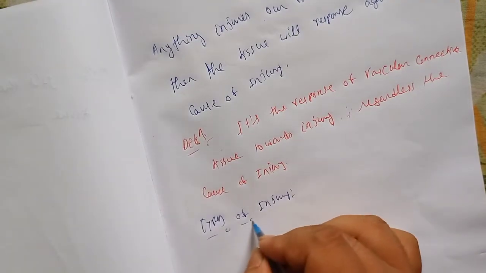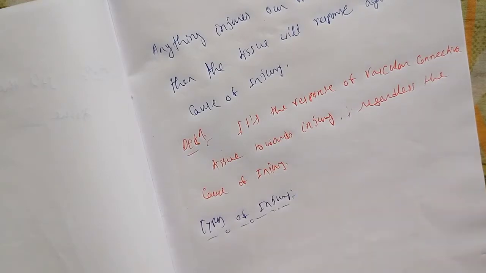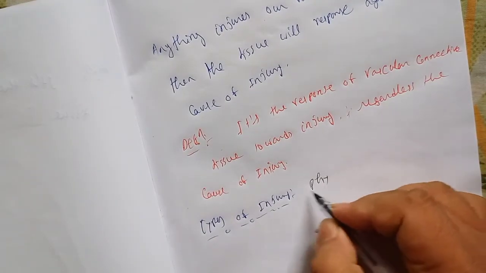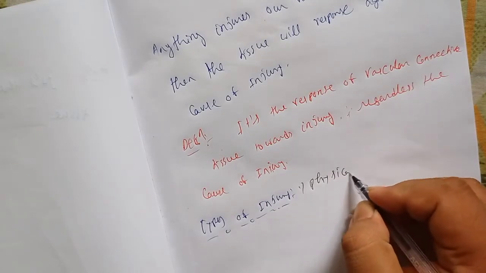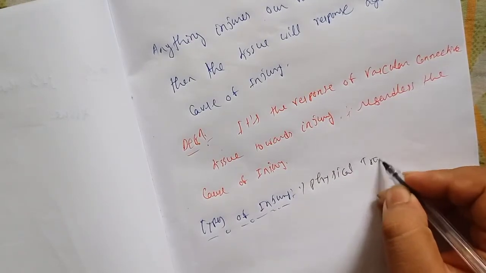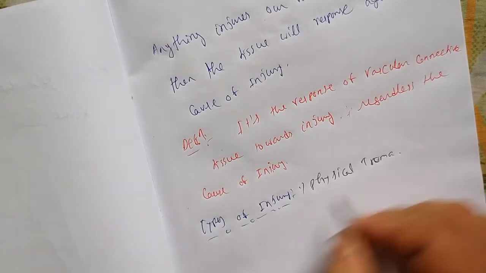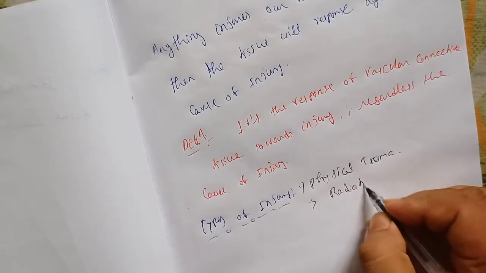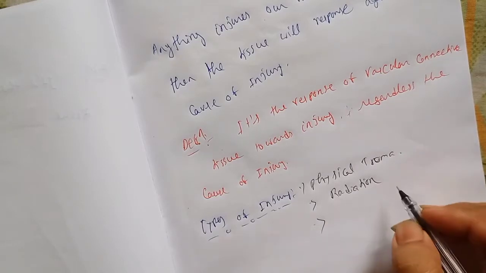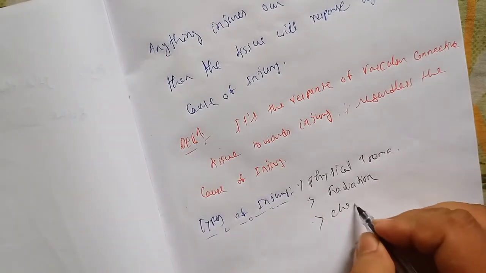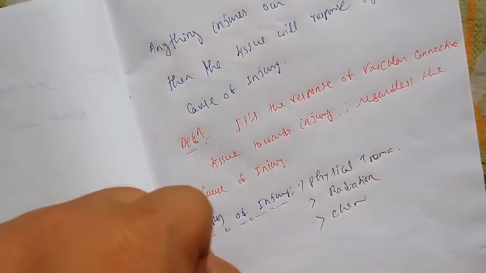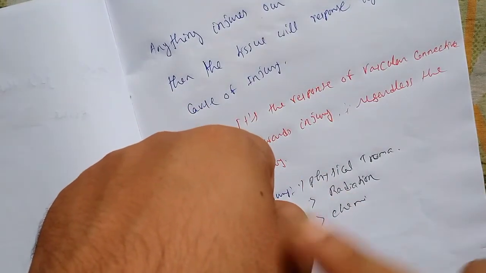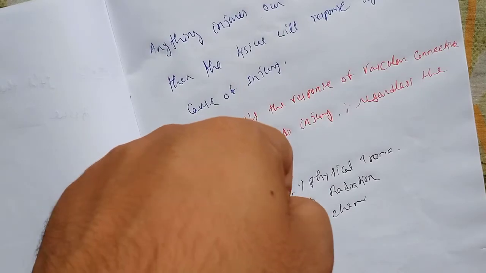So how can we get tissue injured? It may be physical trauma, it may be radiation, it may be chemical, where some chemical substances cause injury in this place.